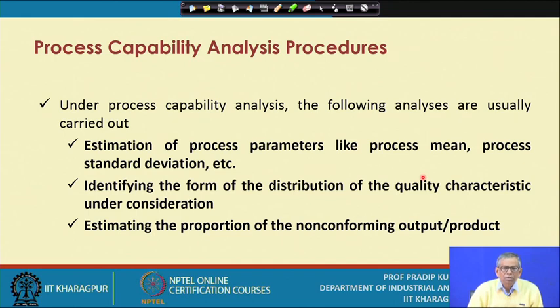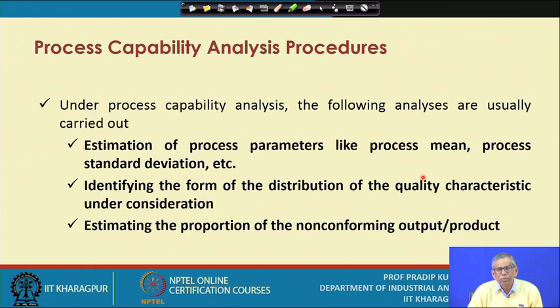Now assuming that you have this knowledge for a particular process, three kinds of analysis we need to carry out. First one is estimation of the process parameters, and as I have already mentioned, there are two important process parameters in this context.